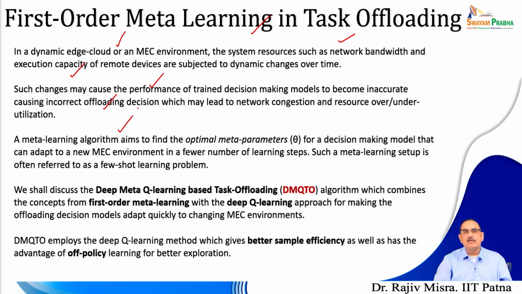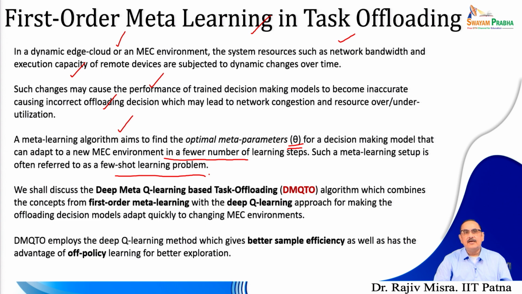Now, meta learning algorithms aim to find the optimal meta parameter theta for a decision making model that can adapt to a new MEC environment in a fewer number of learning steps. Such a meta learning setup is often called a few shot learning problem.